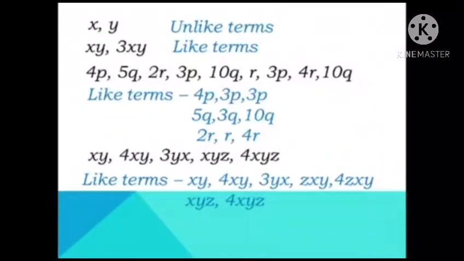Another one, we have three terms, right? x, y, z. So xyz, 4xyz, both are like terms. So the thing is, we have to observe whether it is like or unlike. Are you writing it right or wrong? Observe and then write the like terms. Like terms means the variable should be the same.